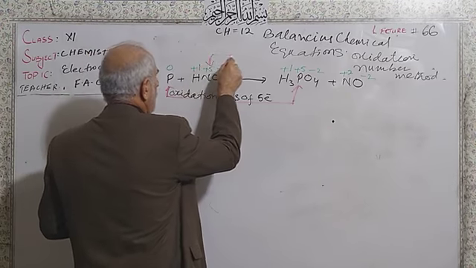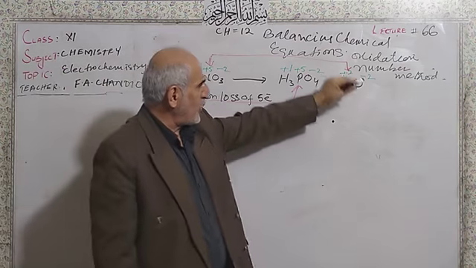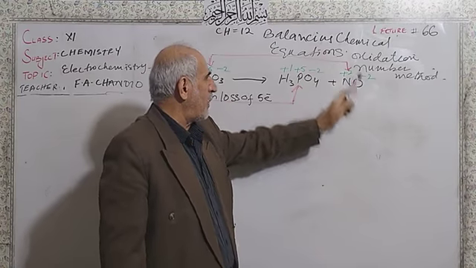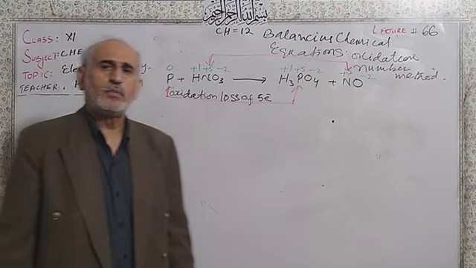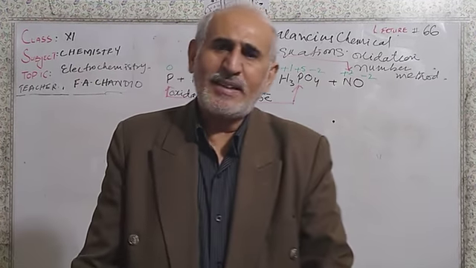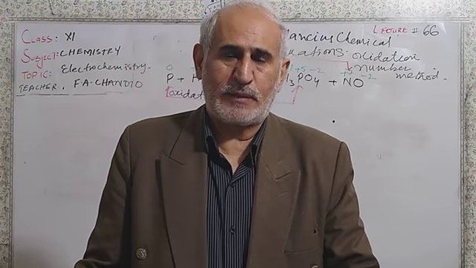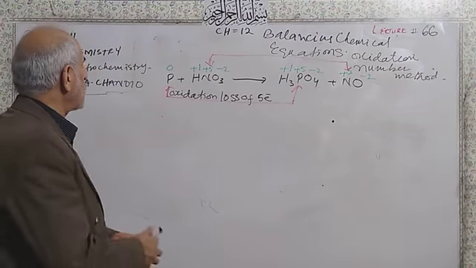Go to the nitrogen. So nitrogen is, you are seeing positive 5 in nitric acid, and in the nitrogen monoxide or nitric oxide there is plus 2. Decrease in oxidation number is called reduction, gain of electrons.